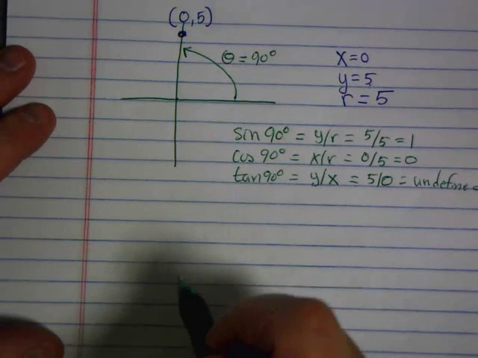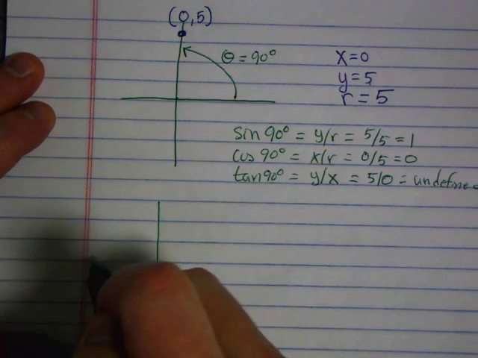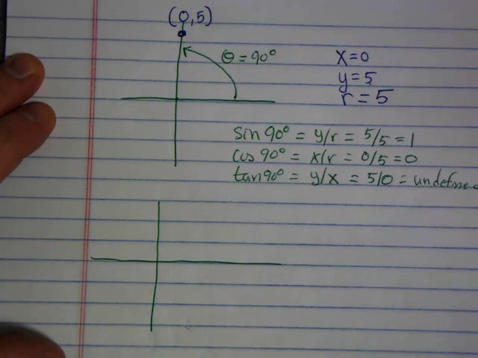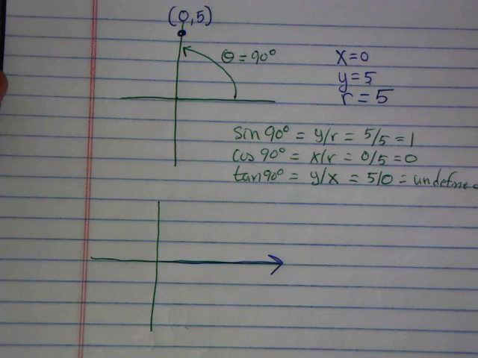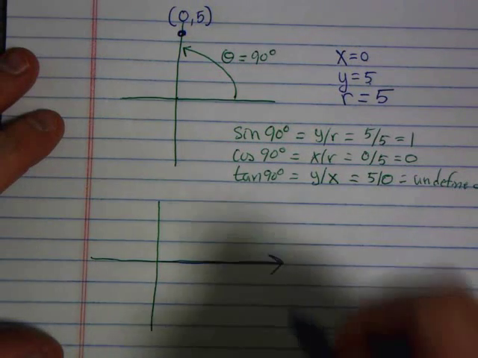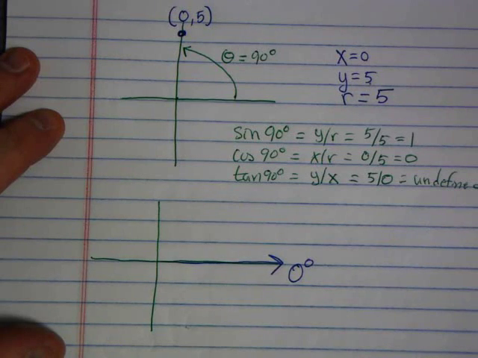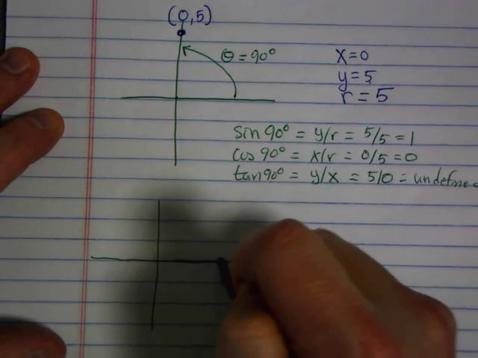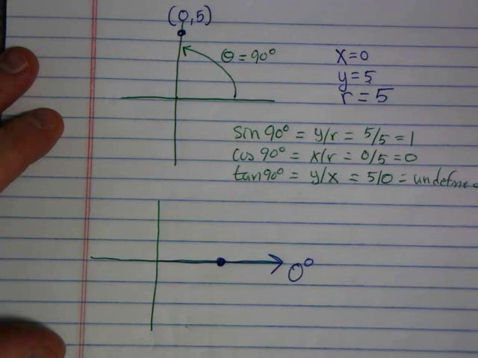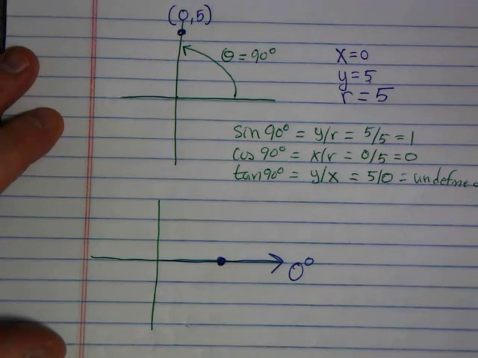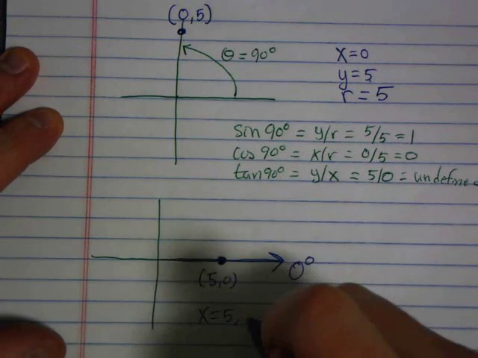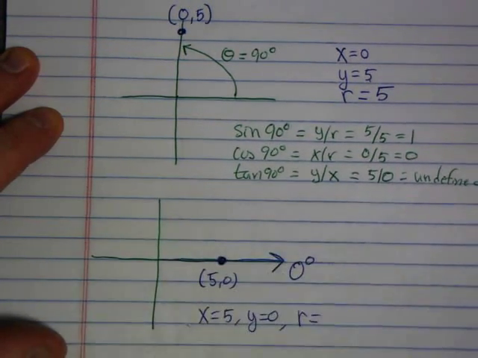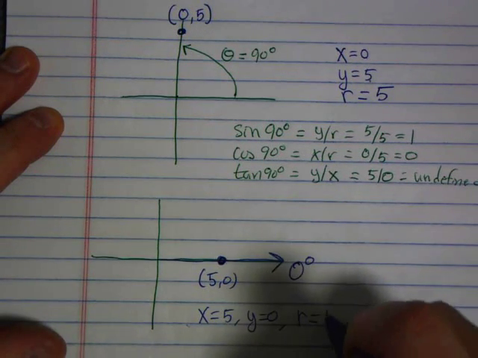All right, then I'm going to give you my next favorite angle. It's that one right there, which is 0 degrees. Here's a point. Give me some numbers. 5, 0. All right, we're fixated on 5 today. So x is 5, y is 0, and r is also 5.